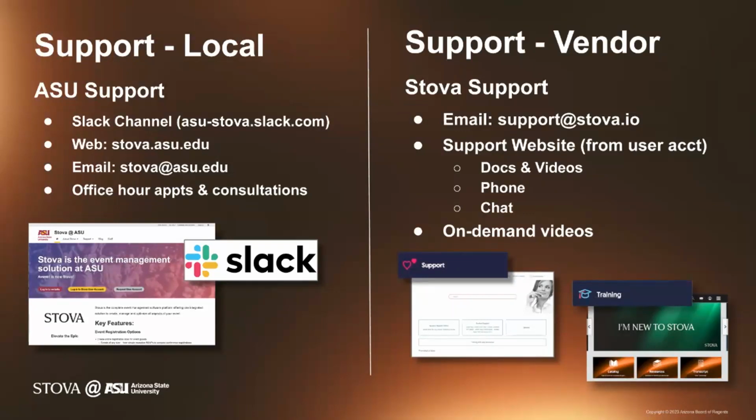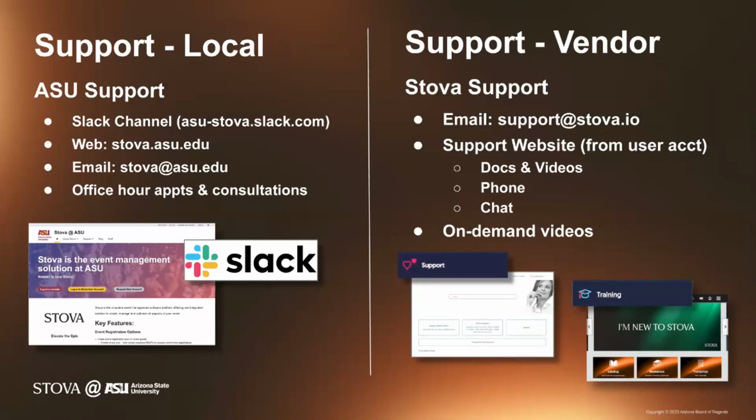you can contact them using the support button, which you reach by going over to that hamburger and clicking it. Down at the bottom of that navigation page, you'll find that support button, which is those hearts. You can contact them via email, support@stova.io. You can go to the website where there are docs and videos.